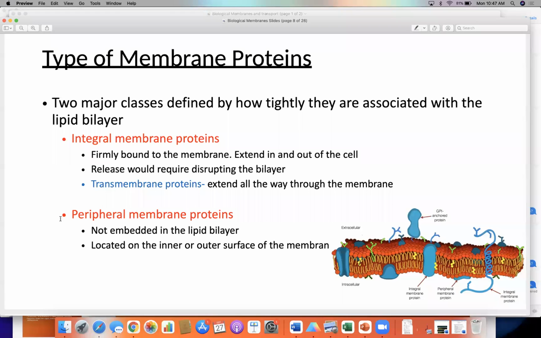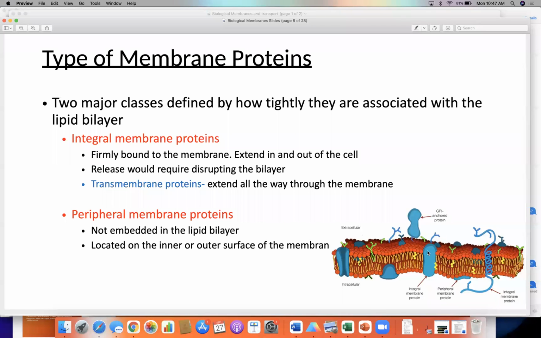By definition, integral proteins are firmly bound to the membrane. If you look at this illustration here, this integral protein can extend in and out of the cell, so we're going all the way through this lipid bilayer. By definition, in order to release an integral protein, we would essentially disrupt the integrity of this membrane.